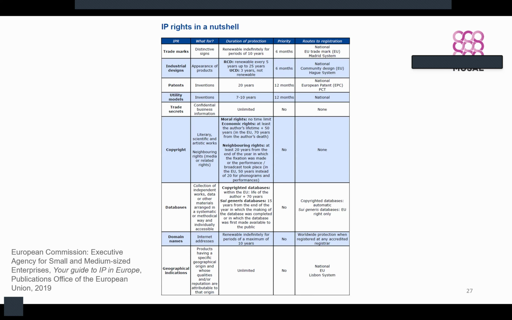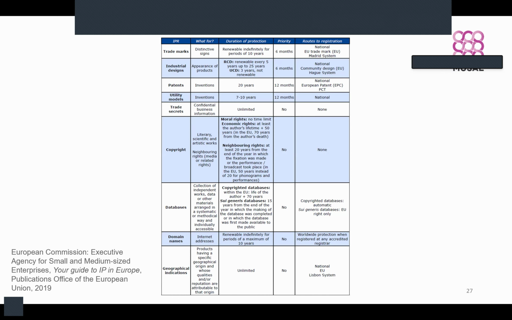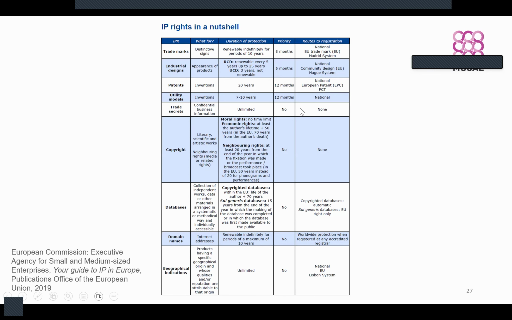I mean, it's a priority. If after such a date something appears on the same topic, it is not important, because you stopped the time when you filed your patent the first time. Okay. And you may keep this priority for a fixed amount of time that changes for each kind of IP right.